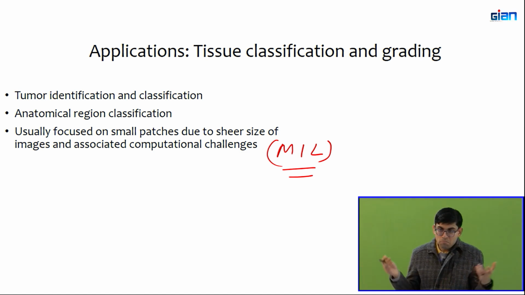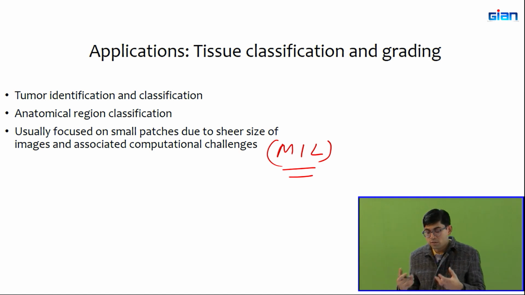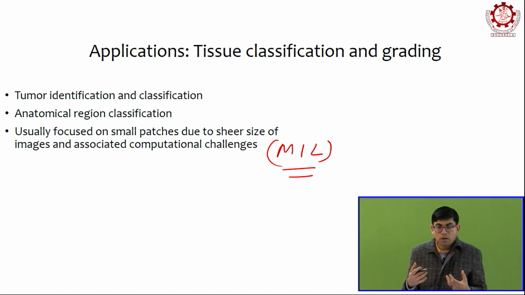Maybe 10, 15 years ago, in most of the papers that came out, the analysis was restricted to very small portions of the image. But now, we know that if we do that, we are losing so much information. There's so much available information in other parts of the image. So there are methods like multiple instance learning that can be used to arrive at decisions at a whole slide level rather than a patch level.